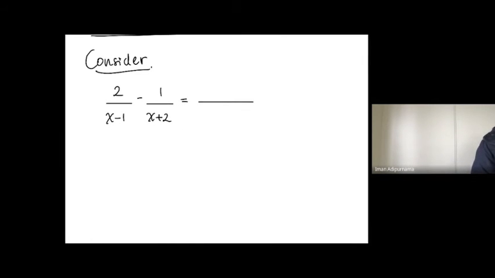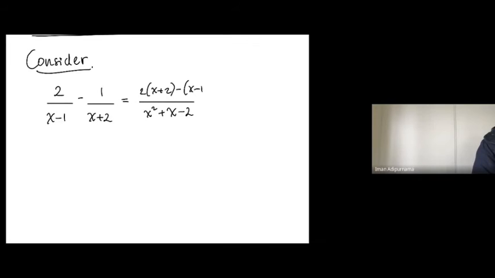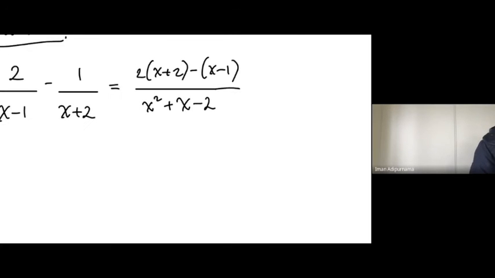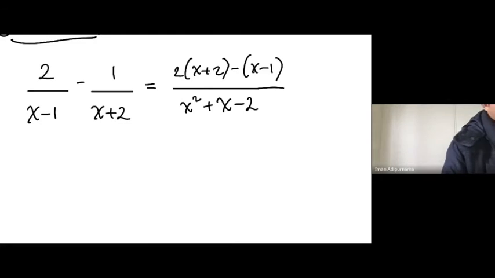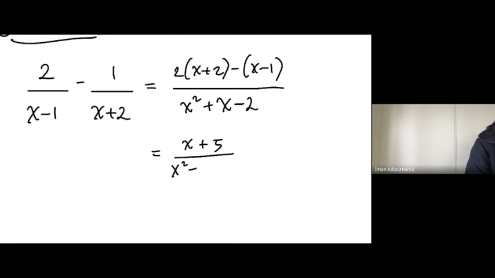And let me complete this, it becomes x squared plus x minus 2. And this becomes 2x plus 2 and minus x minus 1. Okay. And I can simplify this to x plus 5 over x squared plus x minus 2.